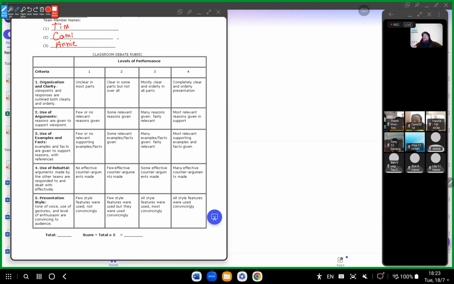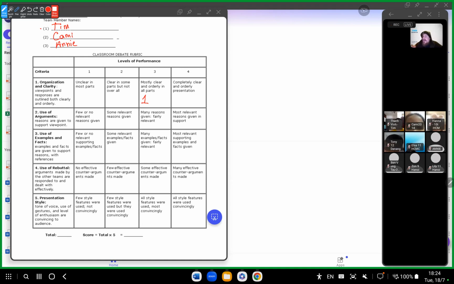So Tim comes up to speak first, and the judges are listening to him talk, and they decide, yeah, Tim's organized his arguments well. We understand what he's talking about. Pretty good job. And they'll award him 3 points.